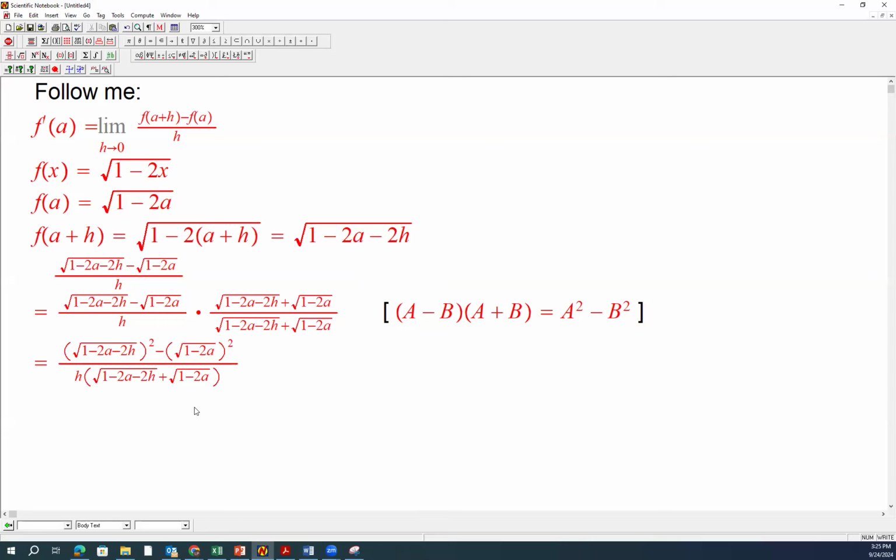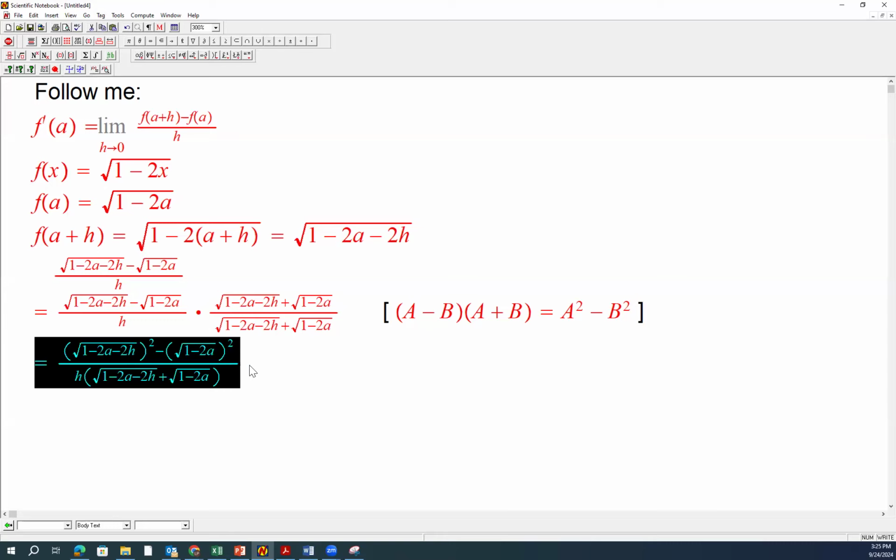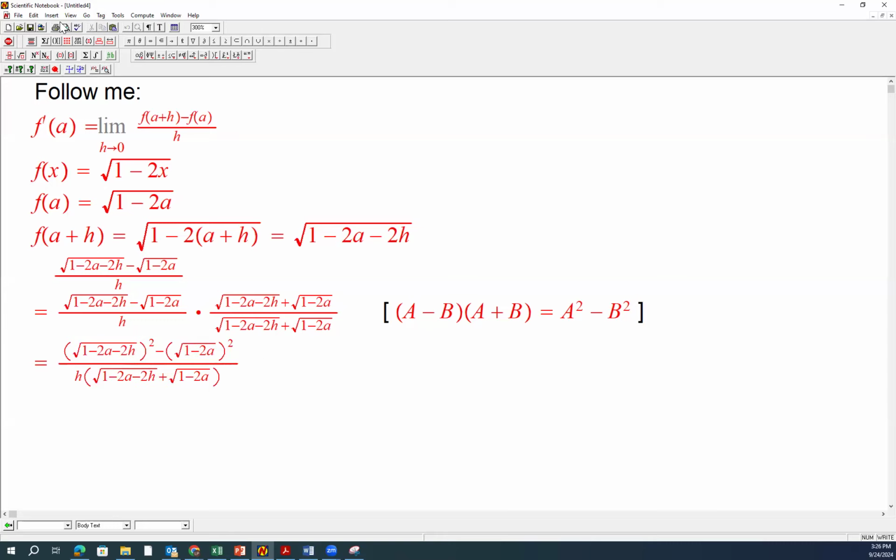Don't try to expand the bottom. Okay. And what do we get on the top? Top, we have two forms, right? In the form of root x squared. The square is outside, right? So that is equal to x. So we're going to apply that twice.